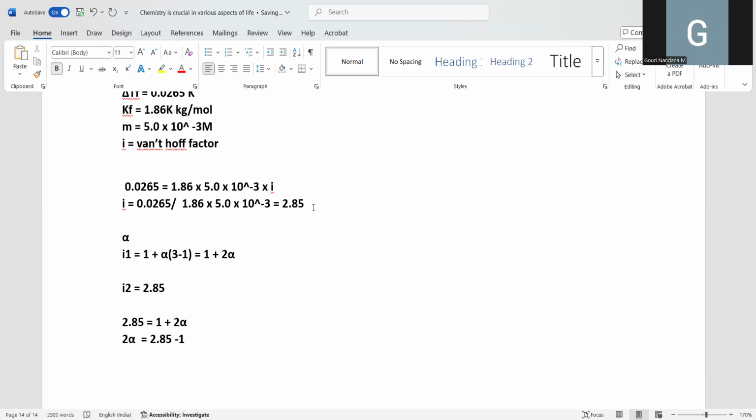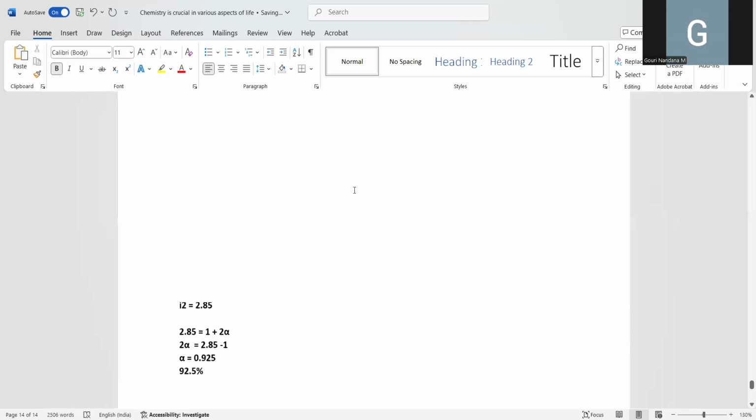And then from that, you can find the alpha value, which will be around 0.925. So degree of dissociation is 92.5%.